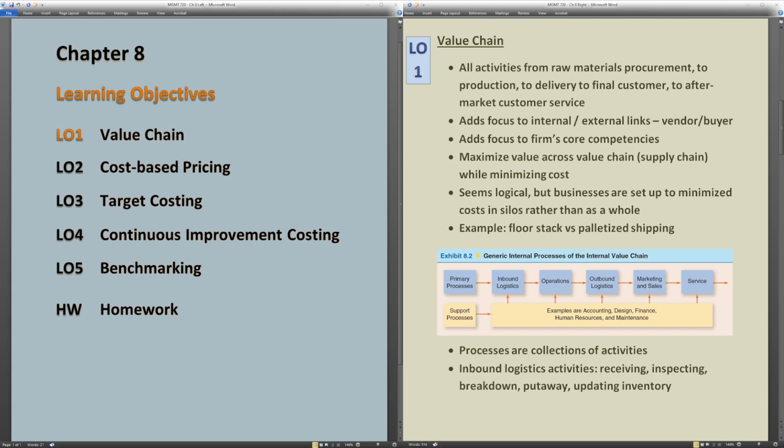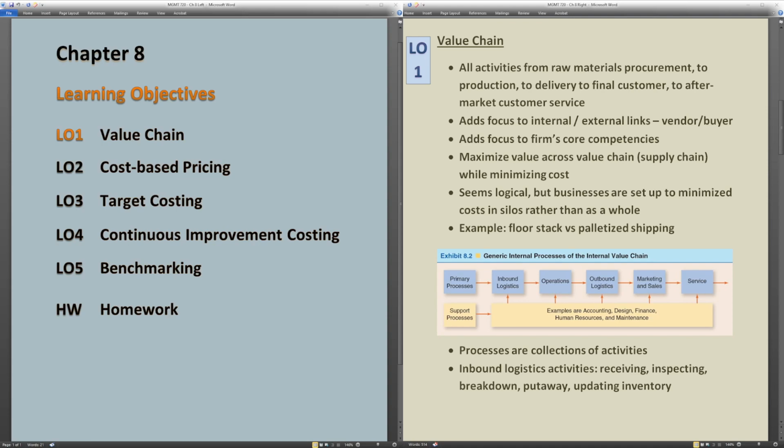Anyway, if we look at Exhibit 8.2 there, here's a generic process of internal value chain. Just realize processes are a collection of activities. If I looked at that inbound logistics activity, that could be receiving at the warehouse. You're going to inspect the packaging. You're going to have to break it down. If it's on a shrink wrap pallet, you're going to have to unwrap it and divide it up.